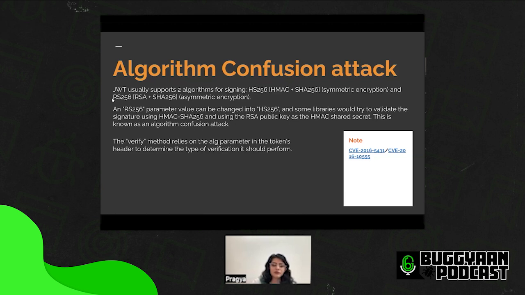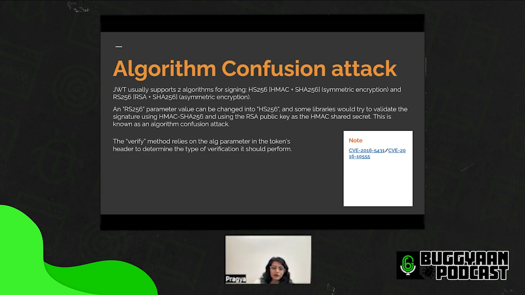So this is an algorithm confusion attack. So you can see here the verify method relies on the algorithm parameter in the token's header. So the verify function checks what algorithm is in the header of the token, and it just directly uses that algorithm for verifying the token. So the issue here is, as I already mentioned, instead of two different keys, I'm only using a single key here.